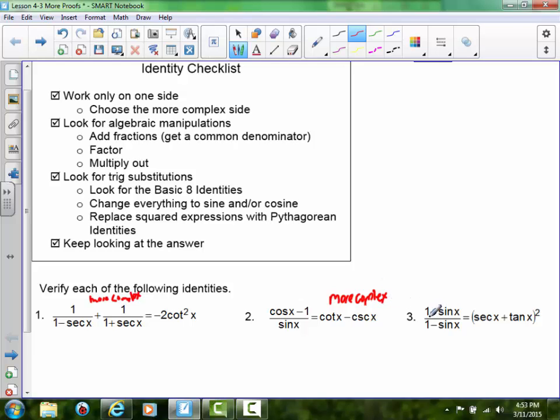And then with the last one, again, even though there's fractions here, secant and tangent are, and we're squaring them and everything, that's going to be more complex. Okay, so that's kind of an opinion, but I usually look for which one has more identities that I can use off the bat, and so kind of go there.